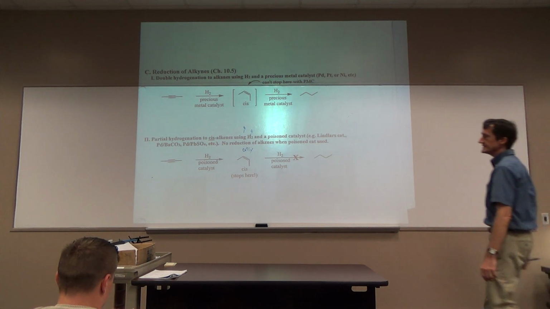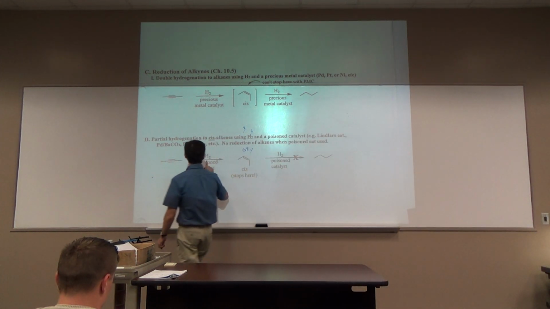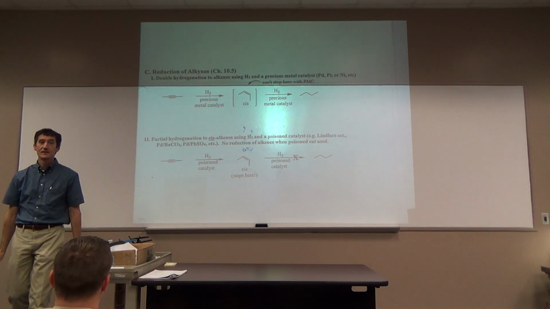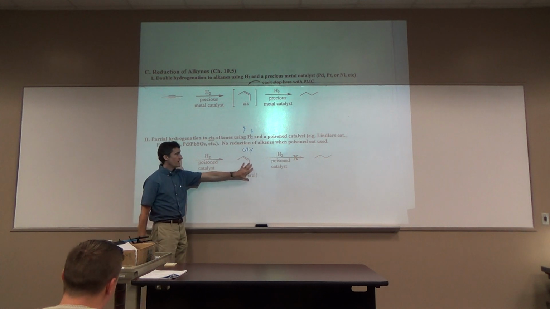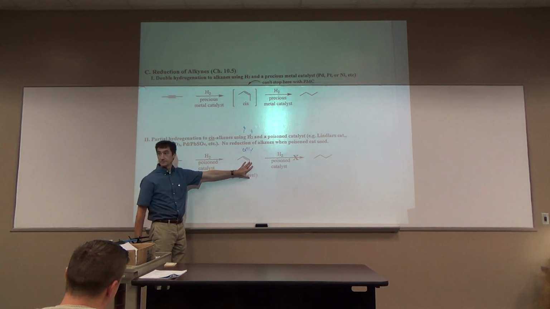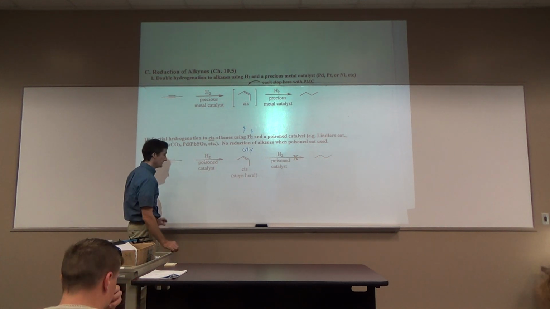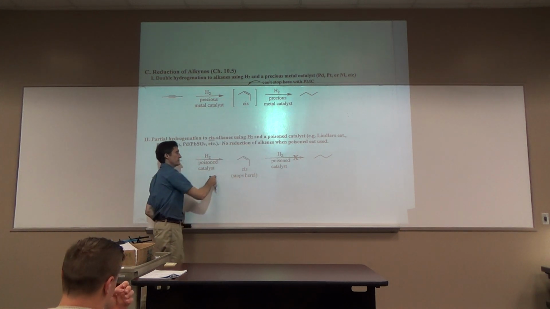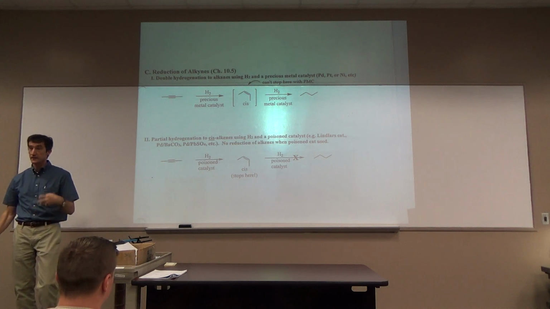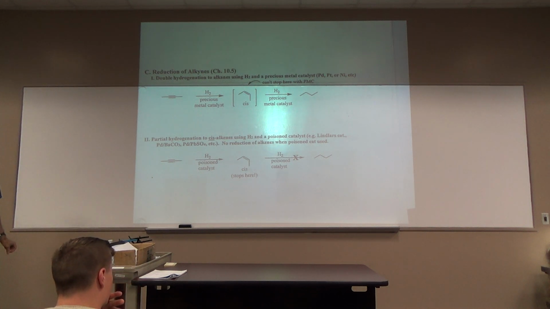If you use a poison catalyst with your hydrogen, it will stop at the alkene. Okay? You can get it to stop here typically in good yields to make it a useful reaction.